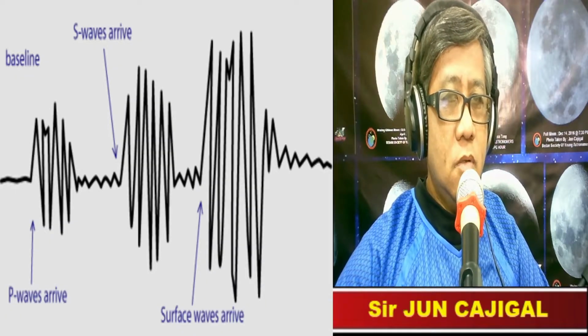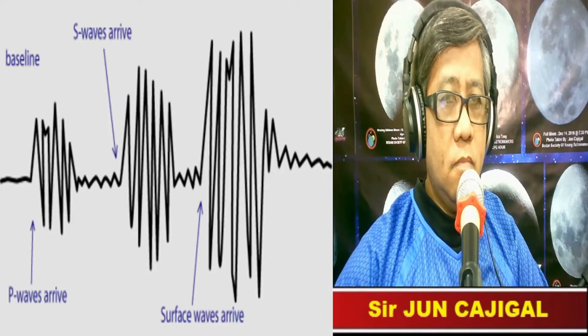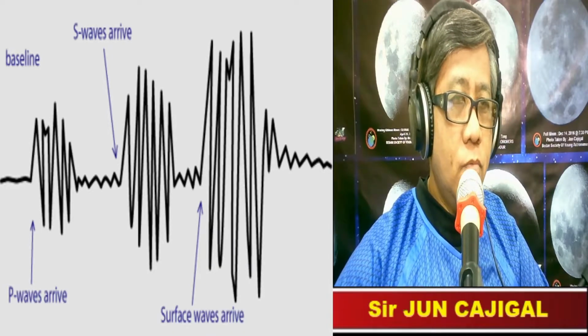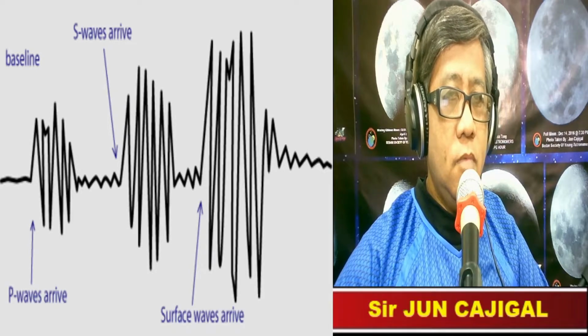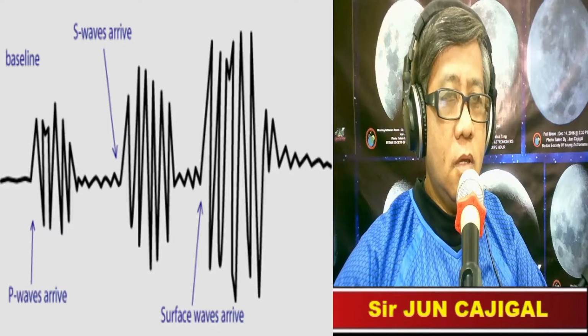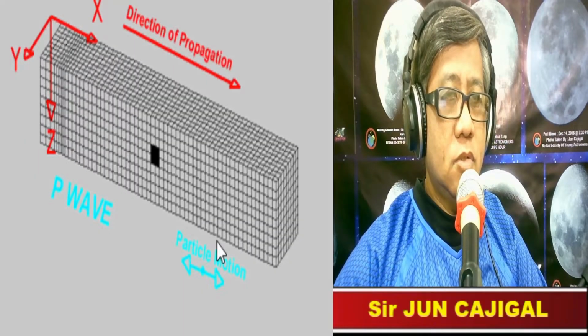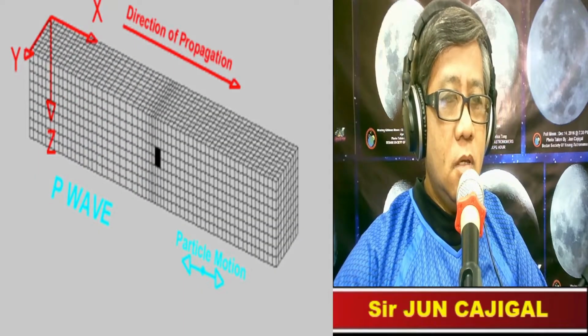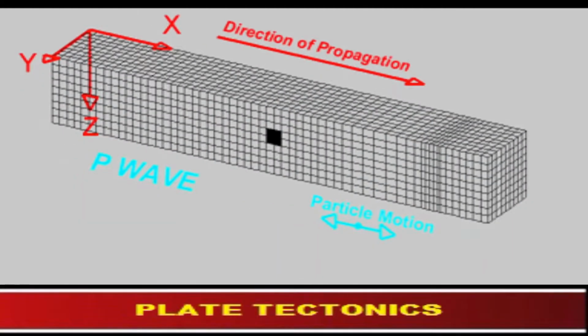Here is a seismogram of the P wave. The P wave is the fastest, and it is the first to be detected by a seismic station. Everybody, kindly take a look at the movement of the P wave.